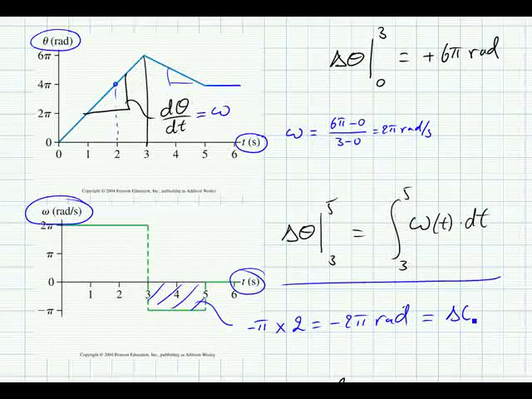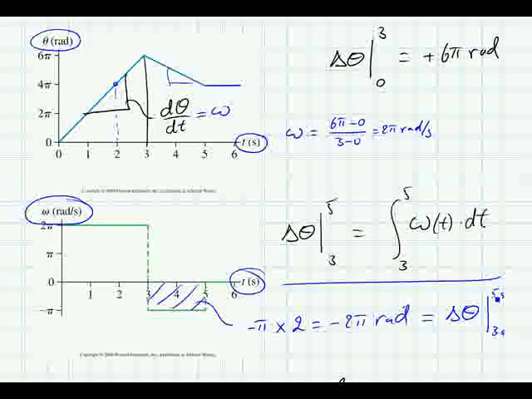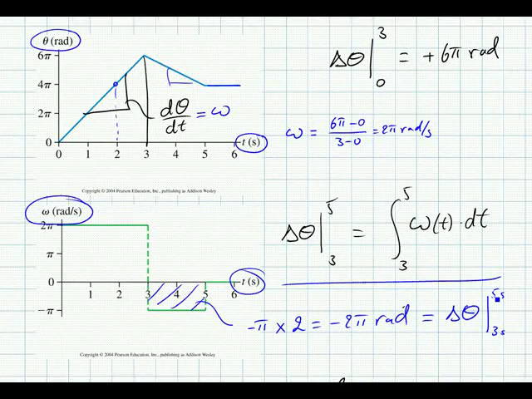So that's the angular displacement of the object between 3 and 5 seconds.